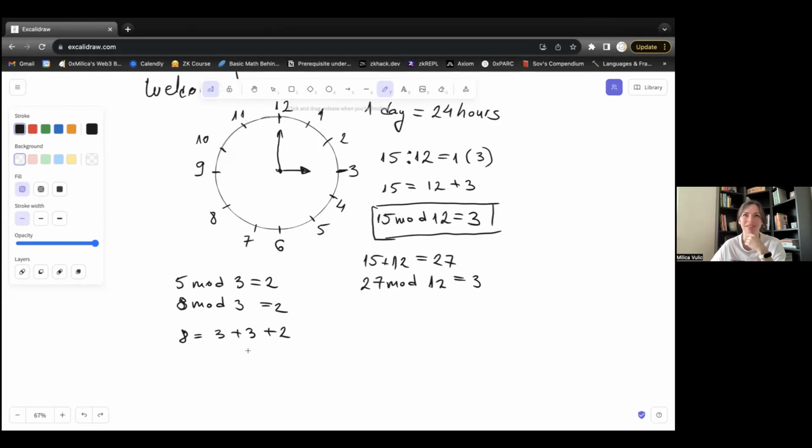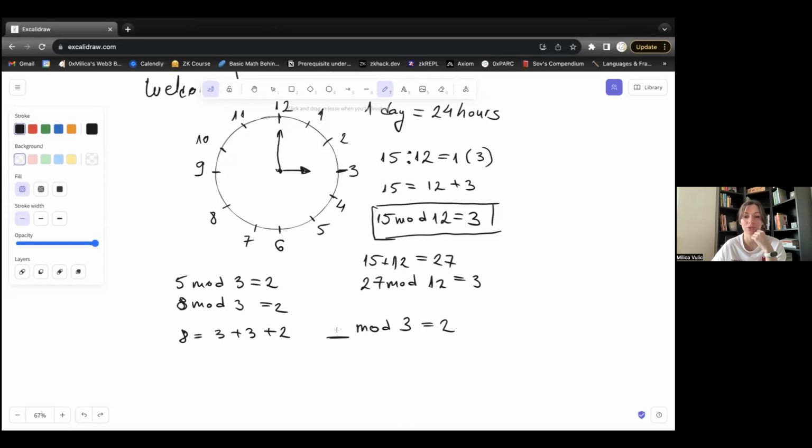So if you get the result of modulus and you say it's 2, so something modulus 3 equals 2, you don't know how many times 3 was repeated in it.